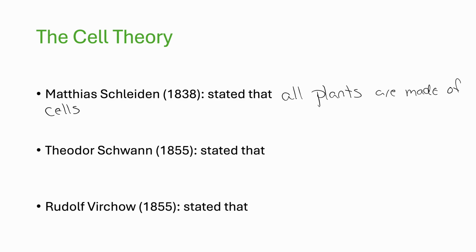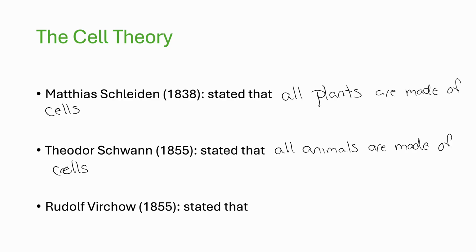Next, we had Theodor Schwann in 1855, and he stated that all animals are made of cells. So again, now we're developing this idea that all living things are made of cells from these two scientists.